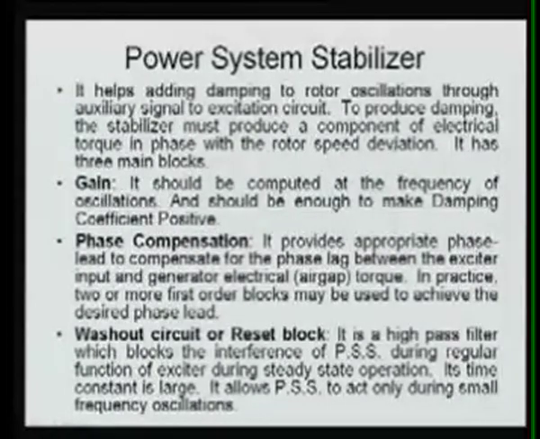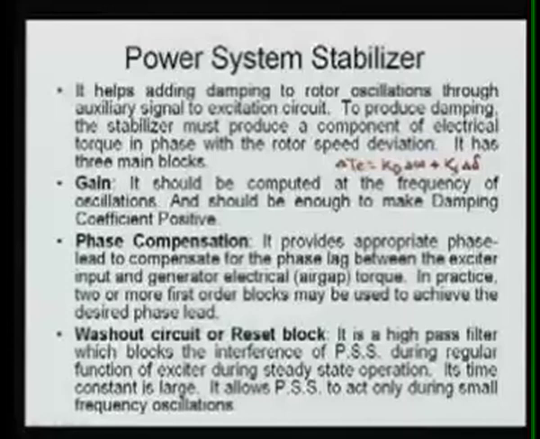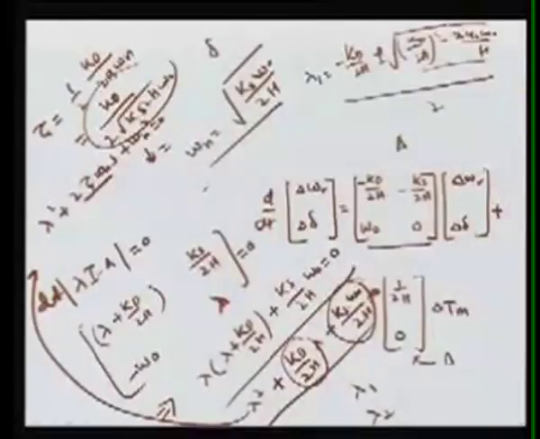Because we know that the change in TE has two terms, Kd delta omega plus Ks delta delta. It means the torque has two components, one is your damping component, Kd, and the other is your synchronizing component, that is changing the angle.